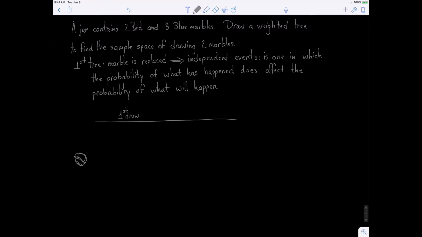Well, you could either draw a red marble or you could draw a blue marble. Now, the probability of a red, well, if we look up above here, there's 2 reds, there's 3 blues. So 2 plus 3, that's 5. And so the probability of a red is 2/5. And the probability of a blue, well, that's 3/5.